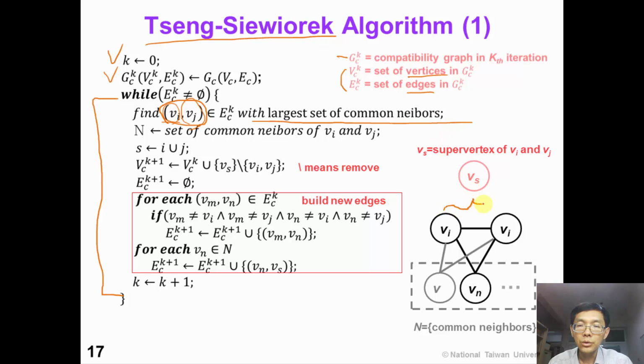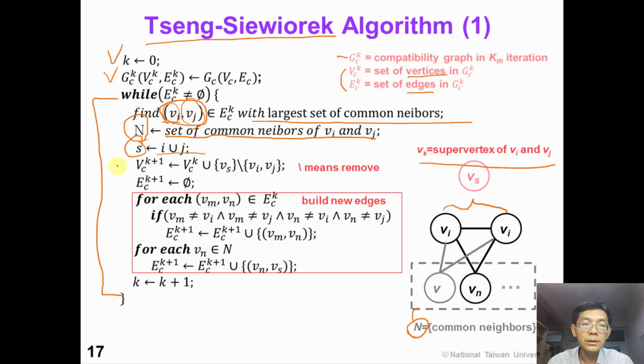We want to merge Vi and Vj into one super vertex, Vs. Let N denote the set of common neighbors of Vi and Vj. So N denotes the set of common neighbors in the dashed rectangle. Let S denote the union of i and j.